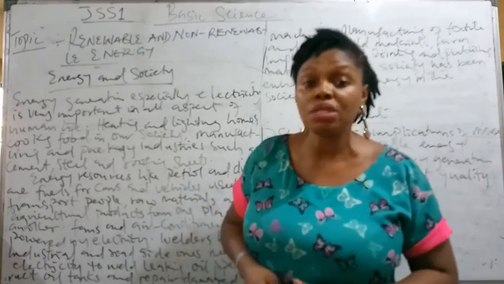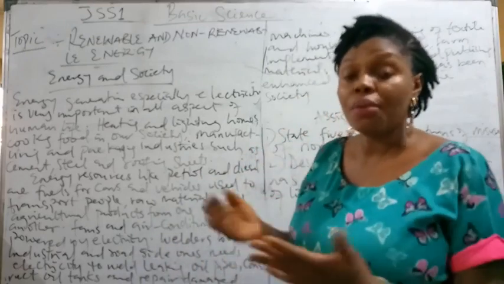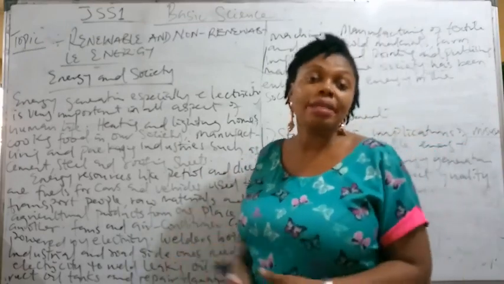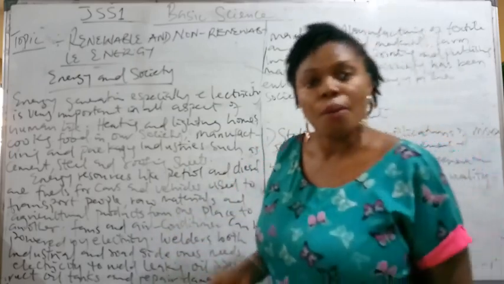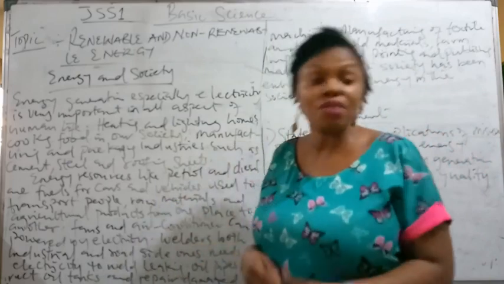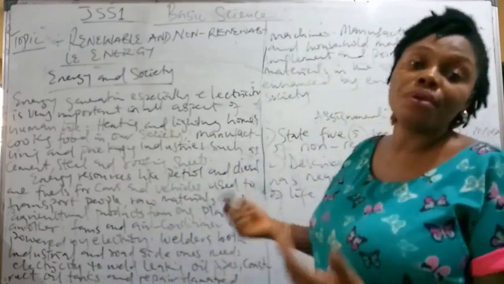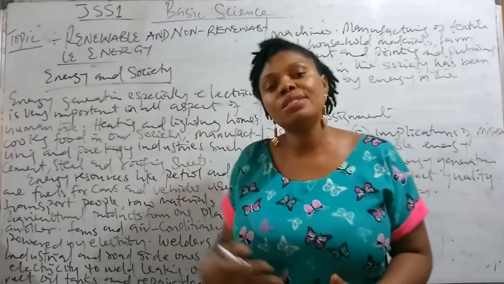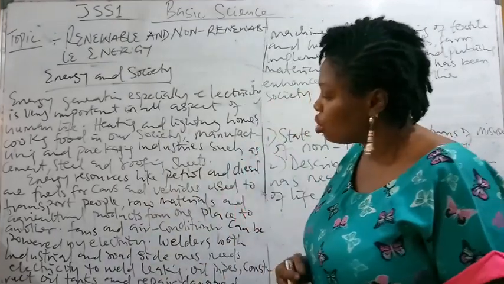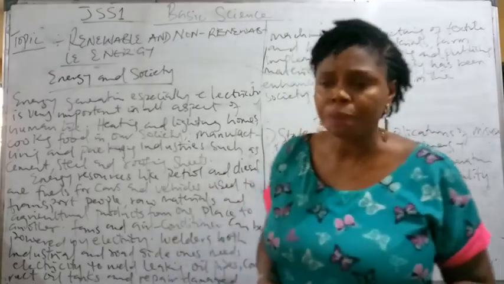That is why most times when there is no fuel around, you come to school late. And you know definitely when you come to school late, they will flog you. Why? Because you have violated. These are some of the reasons why students come to school late, because there is no car to bring them to school, because there is no fuel.